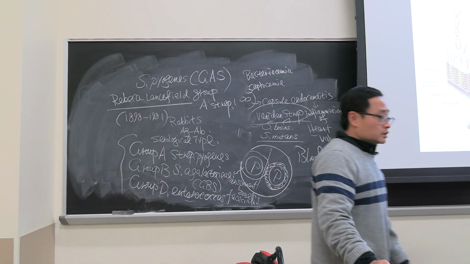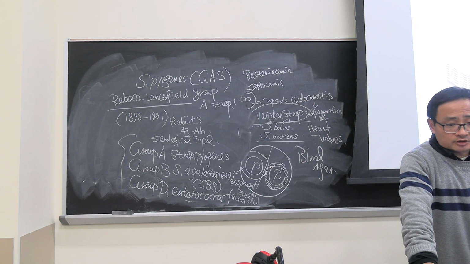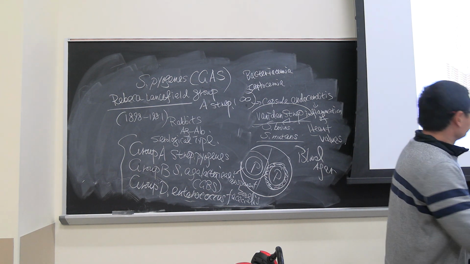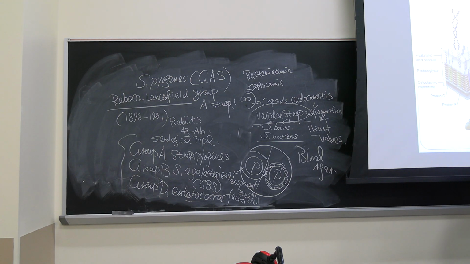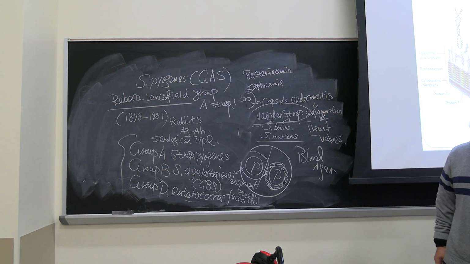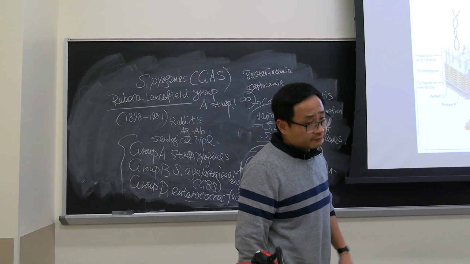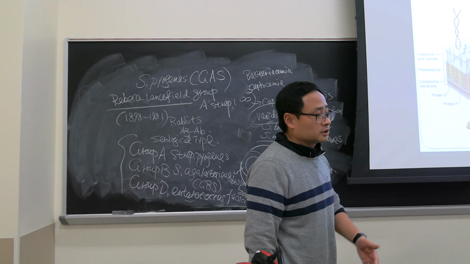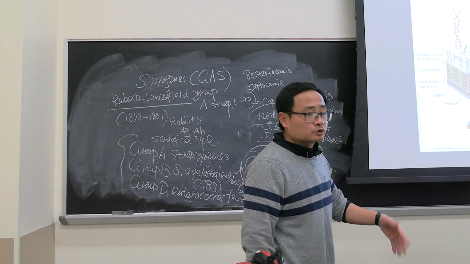But we just mentioned Streptococcus pneumoniae. That does not fit any of the Rebecca Lancefield groups. Why? They rely on M protein to do the grouping. Streptococcus pneumoniae does not have M protein. So unfortunately, it does not belong to any of the Rebecca Lancefield groups.